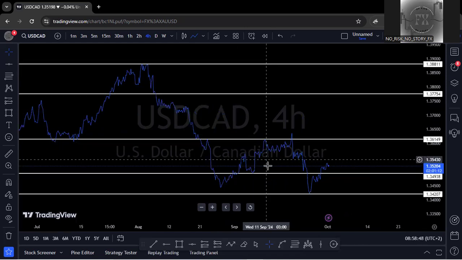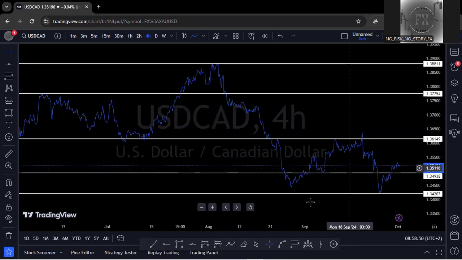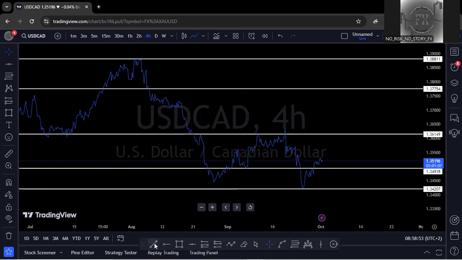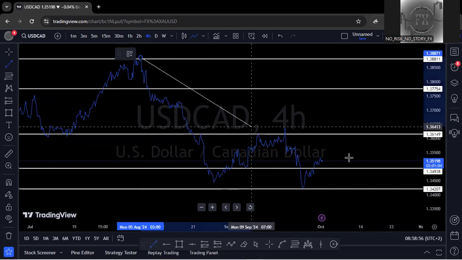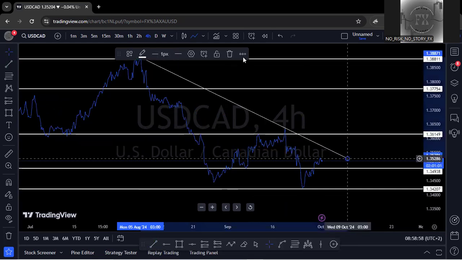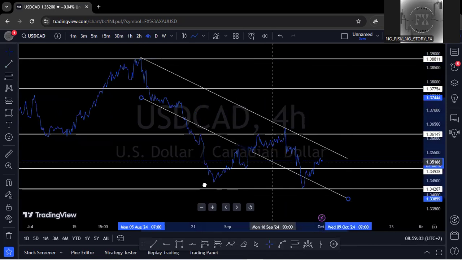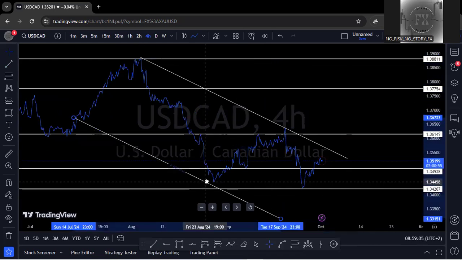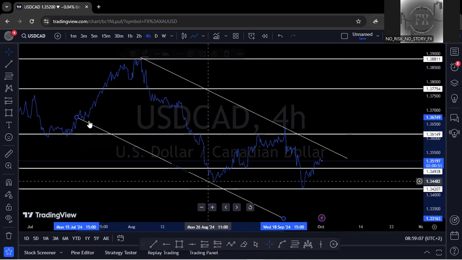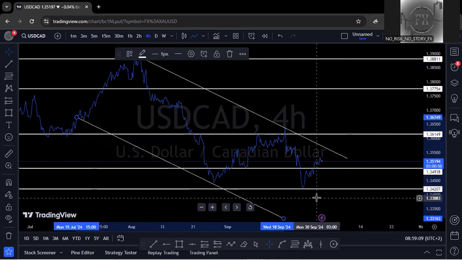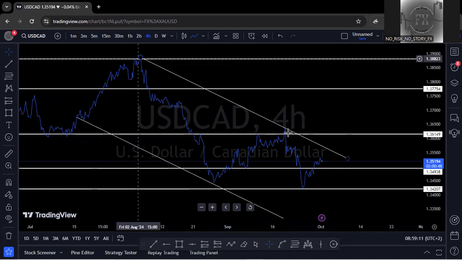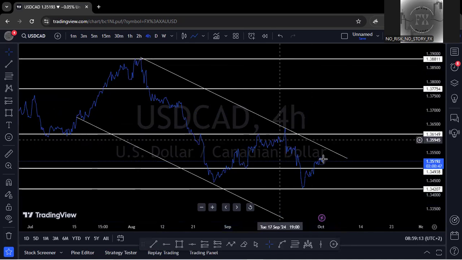So now I can see that currently we have this bearish trend, right? We have this bearish trend here. I would like to clone it and paste it over here. So at least we have like two touches down here, then two touches up here.